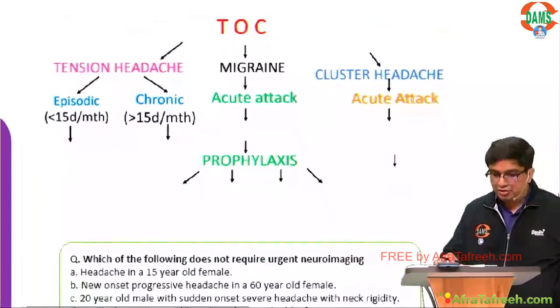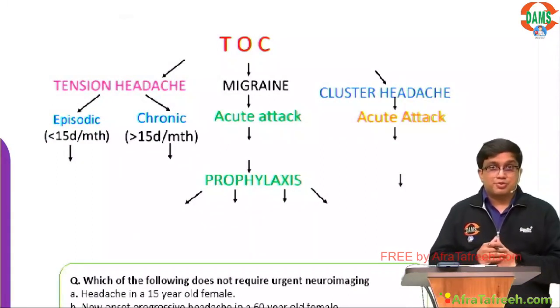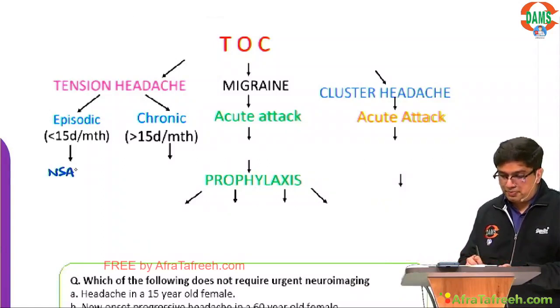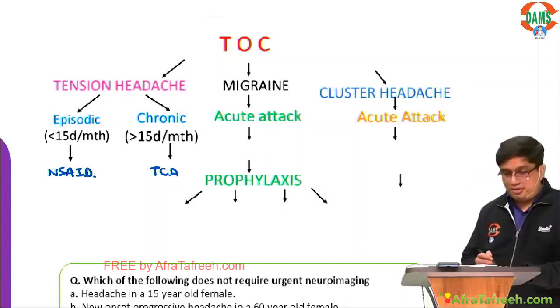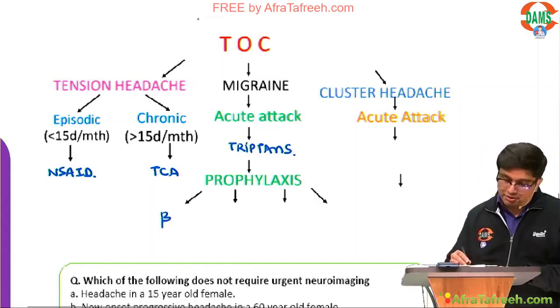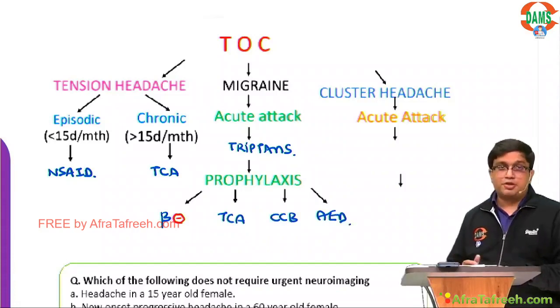Now let's quickly go to the treatment of choice. Tension headache, if it is episodic, you give your patient NSAIDs. If it is chronic, you give them a tricyclic antidepressant like amitriptyline. Acute attack of migraine, you give triptans preferably. Prophylaxis, you can give your patient a beta blocker, tricyclic antidepressant, calcium channel blocker, or an anti-epileptic like valproate or topiramate.